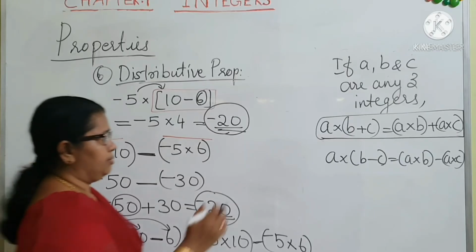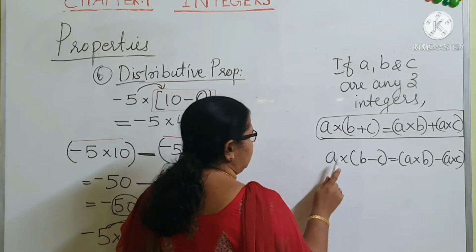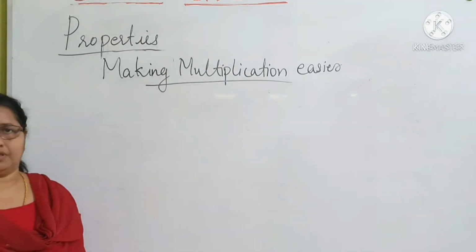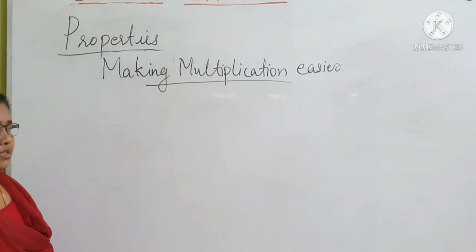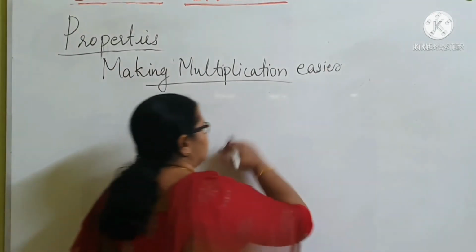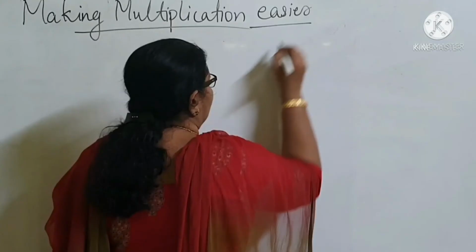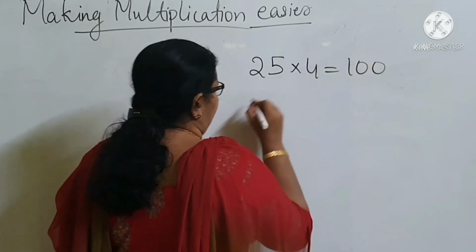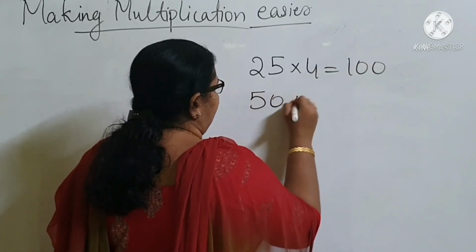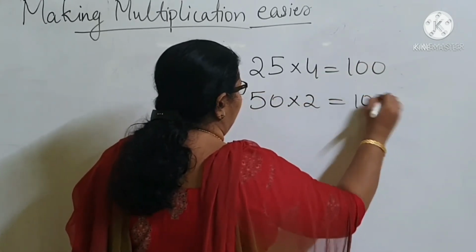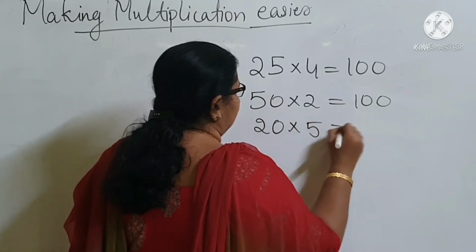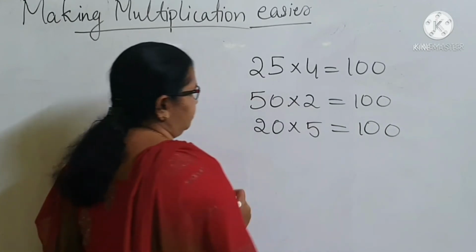This is distributivity over addition and this is distributivity over subtraction, making multiplication easier. You have to learn by heart some relations. That is, 25 into 4 is equal to 100. 50 into 2 is equal to 100. 20 into 5 is also 100.